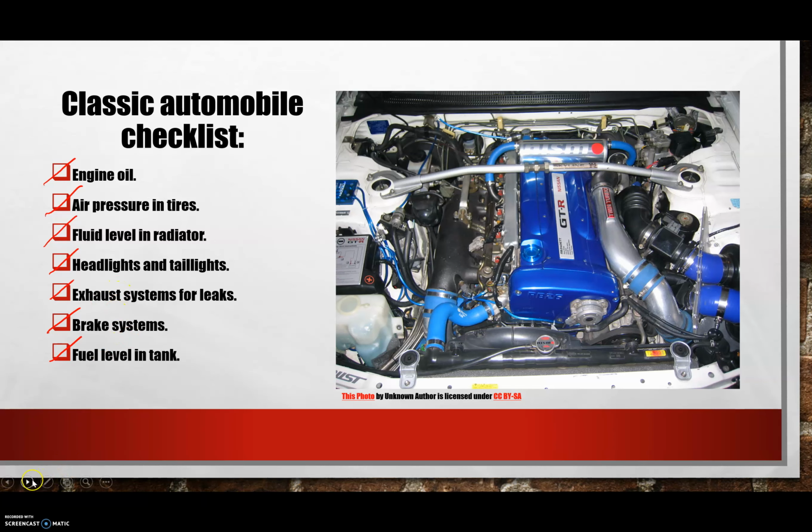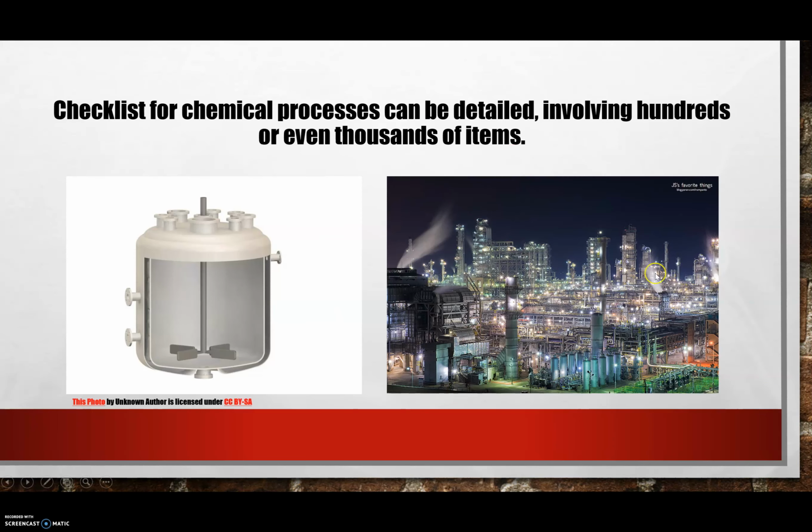Later on we will see what the checklist for a chemical plant is. A checklist for a chemical process can be detailed, involving hundreds or even thousands of items. For example, this CSTR, this apparatus, already contains about hundreds of items for its checklist.